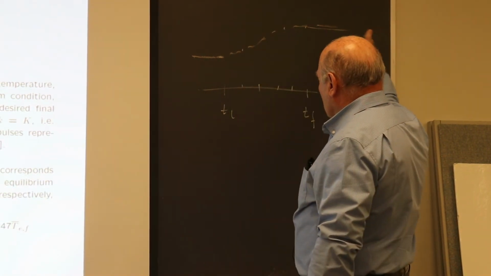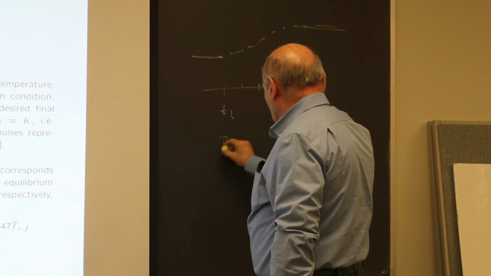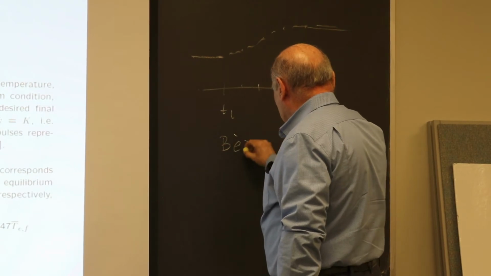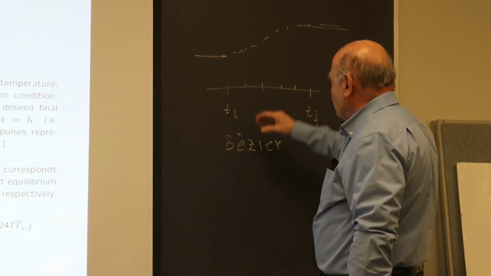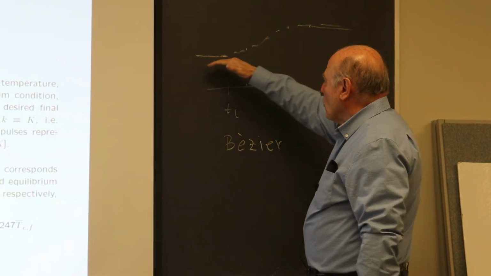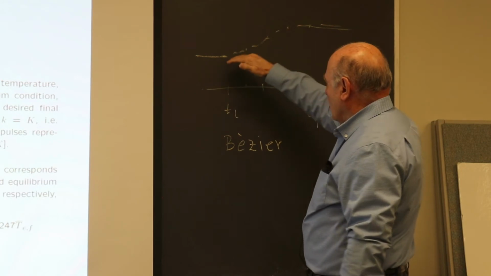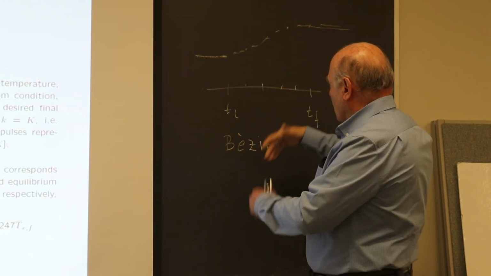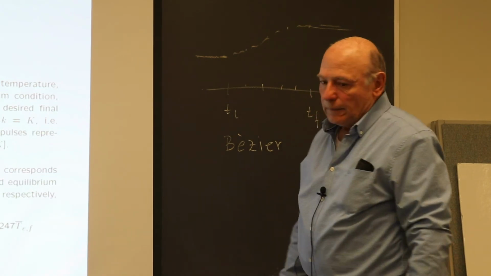That is very simple to estimate or to specify in terms of Bézier polynomials. And those polynomials will give you a very nice smooth rise or descent of the desired trajectory in terms of a finite polynomial in the variable c.